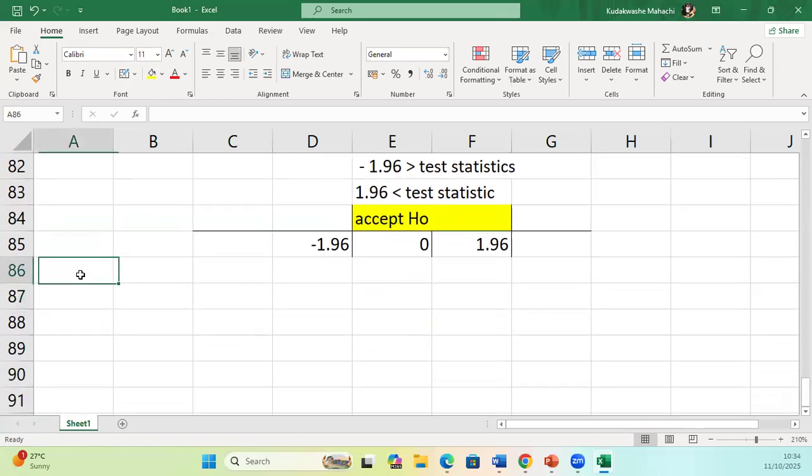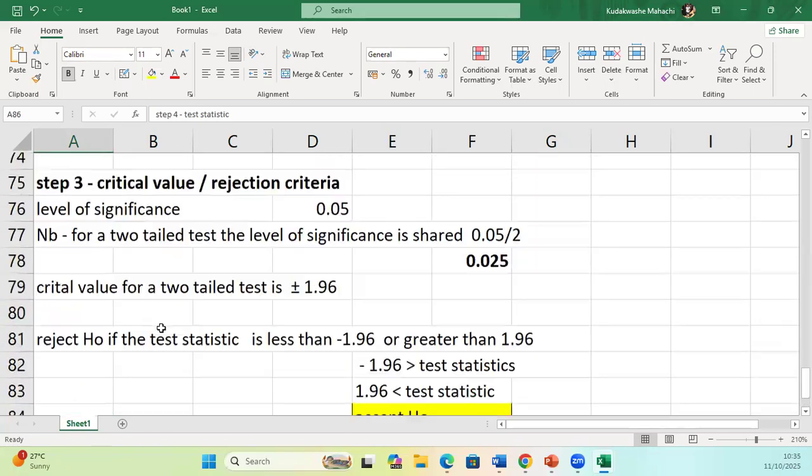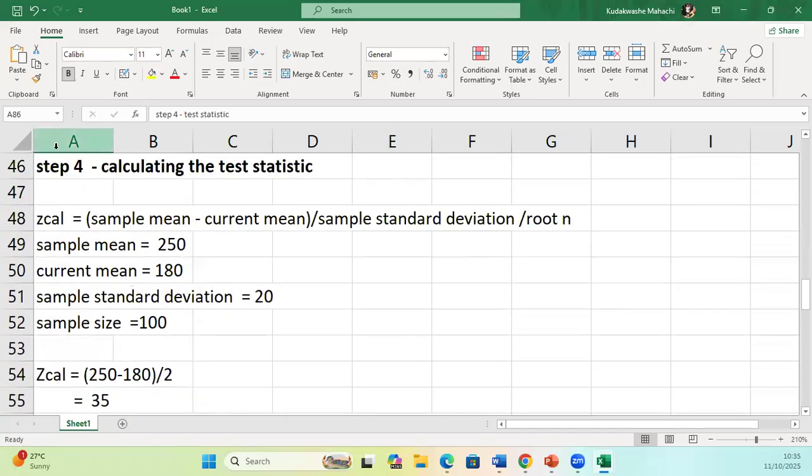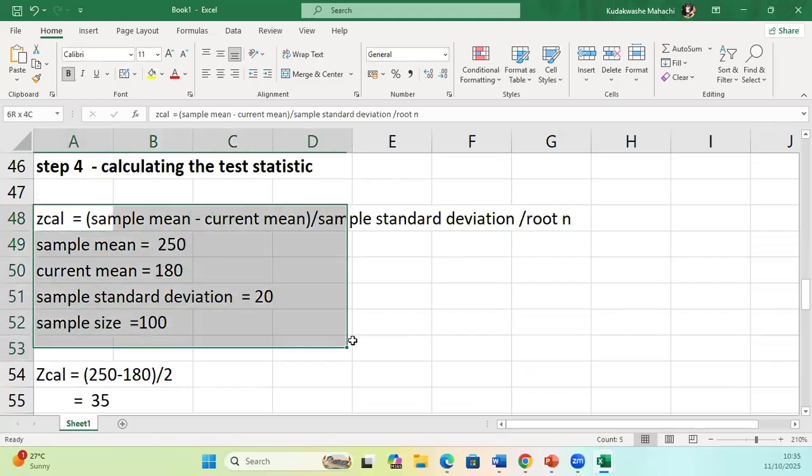So let's go and have our test statistic. That's step 4. Like the question above, it's a normal distribution, so we are using the same calculations here.